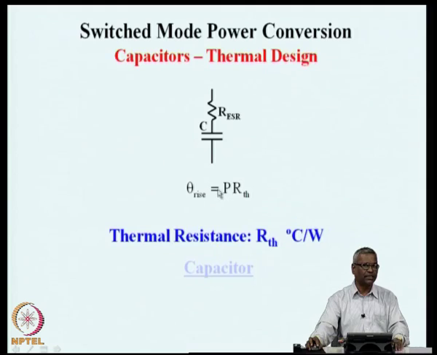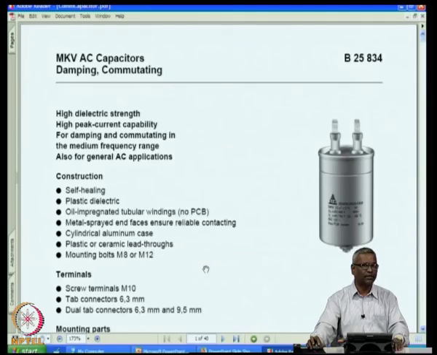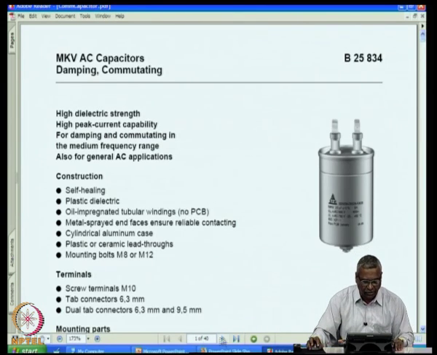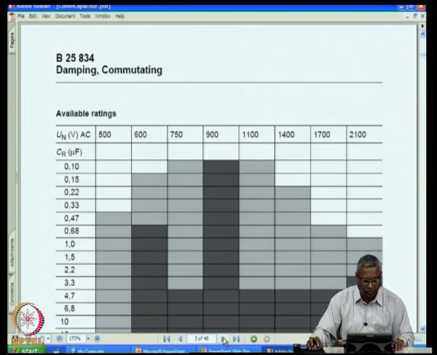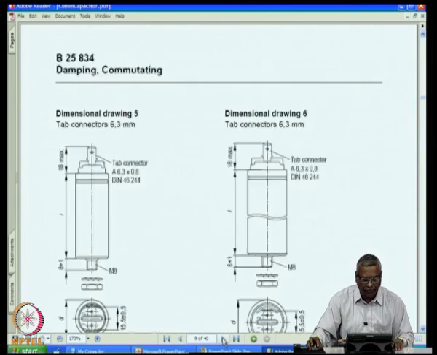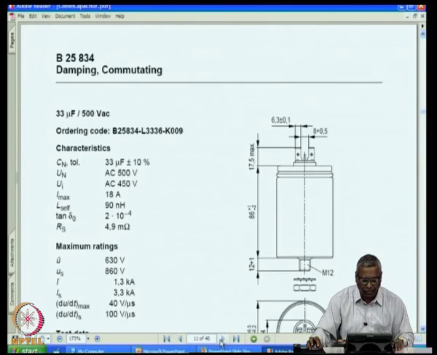So, it is necessary therefore to make sure that we do not dissipate more power than what is safe for that. Let us see in this data sheet, probably we will see the power dissipation limits.